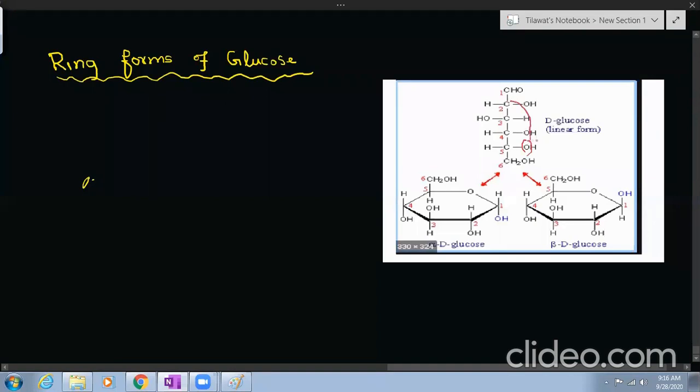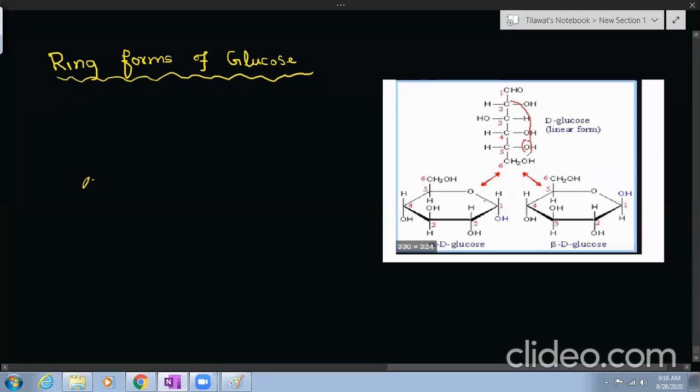So they will form bonds, but we do not need to know the mechanism, okay? And when these two form a bond, this glucose will convert into ring form.